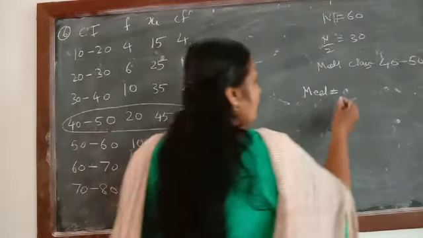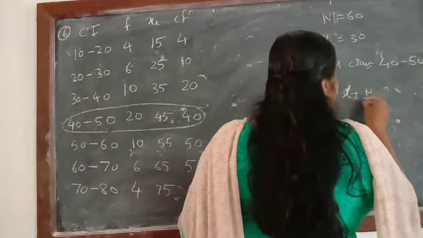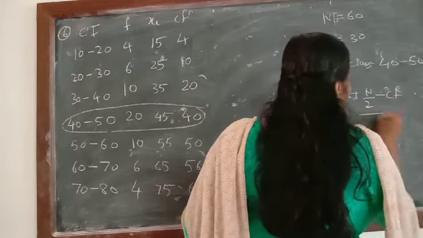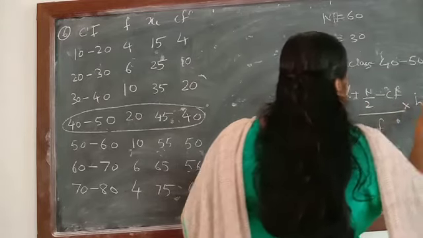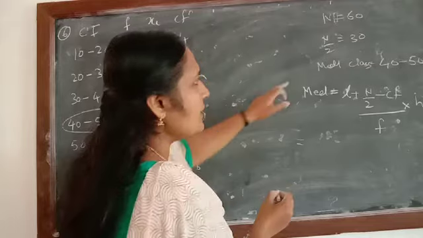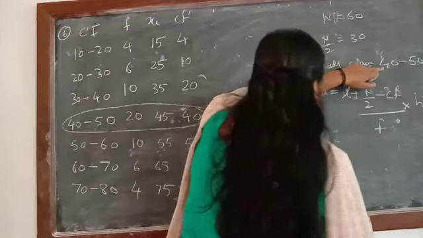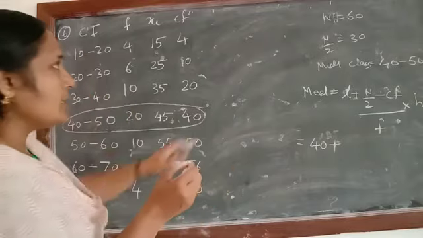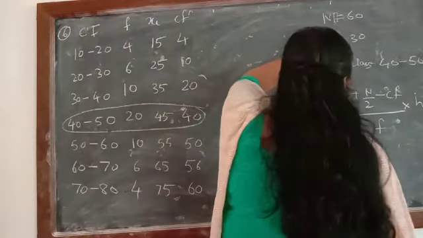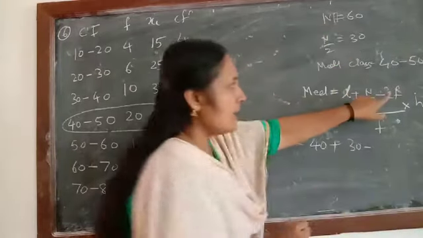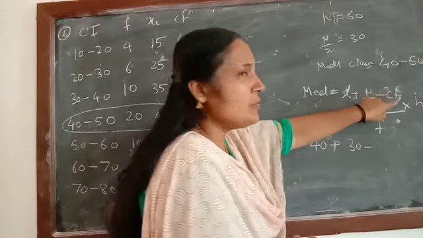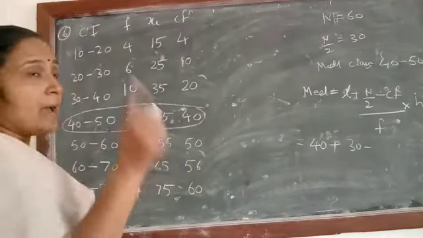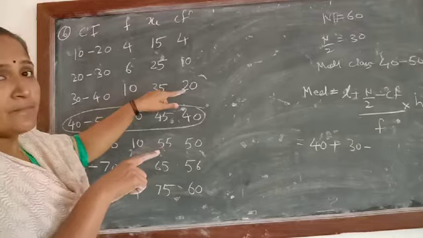Median is equal to, formula is L plus (n by 2 minus CF) by F into H. What is L here? Lower limit of the median class, that is 40, plus n by 2, just now we wrote here, n by 2 is equal to 30, minus, again I am saying, the cumulative frequency of the previous class, not the median class.